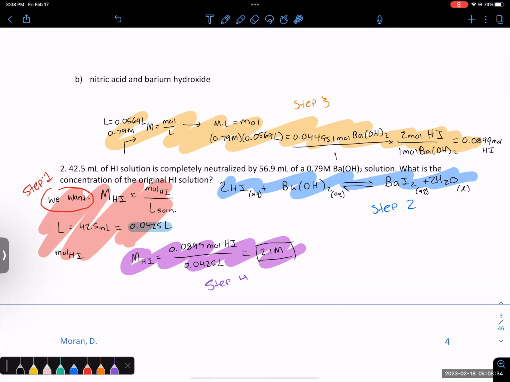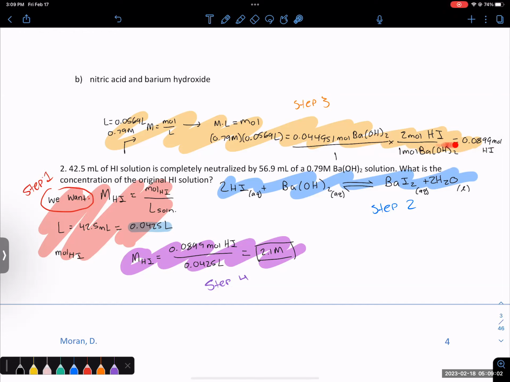After step one, we go to step two, which is what? Step one was find what we needed, and step two should be the equation. Yeah, the balanced chemical equation. And then once we figure that out, we look at the relationship with the moles of barium hydroxide that were given to us, and we realize we can get to moles of HI with this equation.